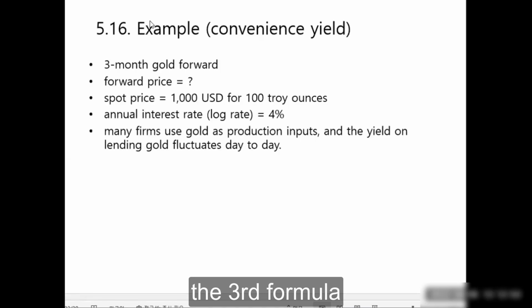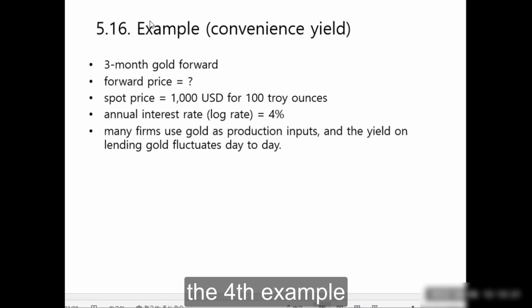Considering the possibility of what we call convenience yield. What it means is that some people like to have the underlying asset physically rather than just having a forward contract, because they may need it. If you are using gold in your production process, if everything is certain, then you may not have a particular preference for physical asset, because you know when you will need gold.